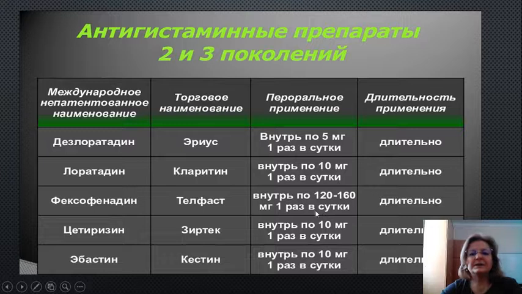On the next picture, you can see the names of antihistamine drugs of the second and third generations, such as Arius, Chloritin, Telfast, Zyrtec, Kystin.